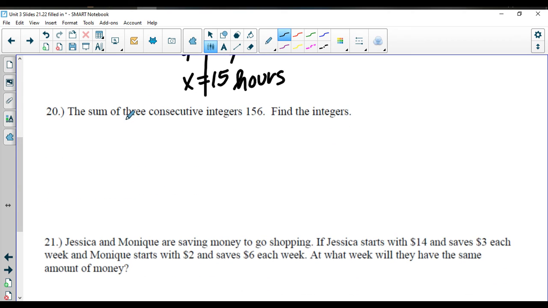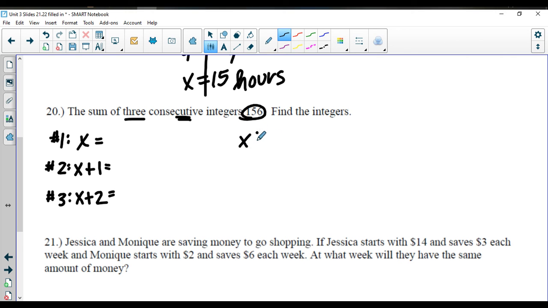Question 20, the sum of 3 consecutive integers. These are number 1 is x, number 2, and number 3. They're consecutive integers, so x would mean the next one would be x plus 1, and the one after that would be x plus 2, because we're just counting here. So the sum is 156. We have x plus x plus 1 plus x plus 2 is going to be 156.